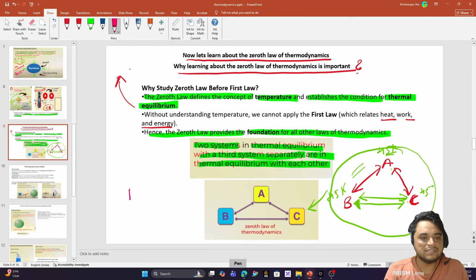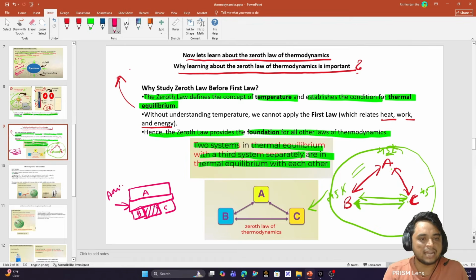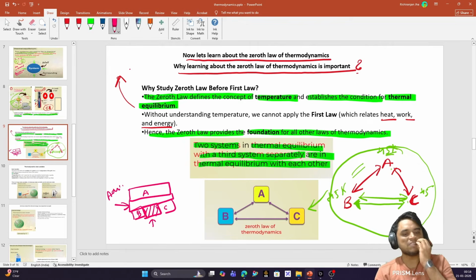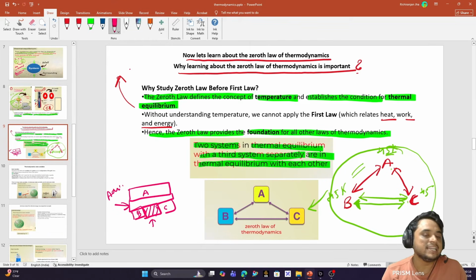Now I have this system A, system B and system C. Now if I put a diathermic wall between B and C, and an adiabatic wall between AB and AC, we can see that despite putting the diathermic wall between B and C, there is no heat exchange between them.